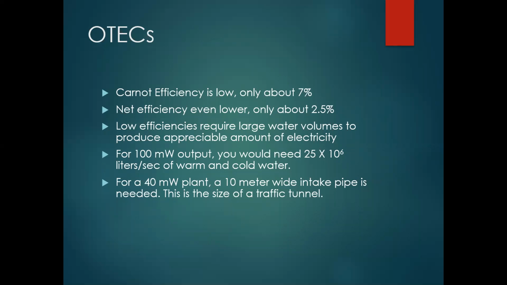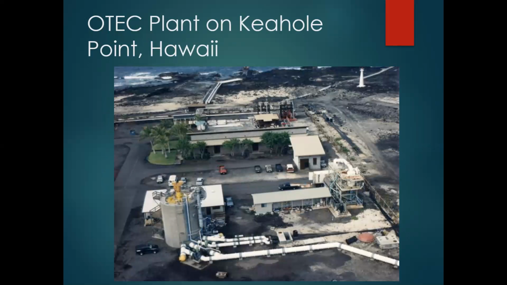This low efficiency requires a lot of water, and to produce 100 megawatts, you would need basically 250,000 liters per second of warm water and cold water. For a 40 megawatt plant, a 10-meter diameter intake pipe is needed. This is an example of an OTEC plant in Hawaii. This is how it looks.